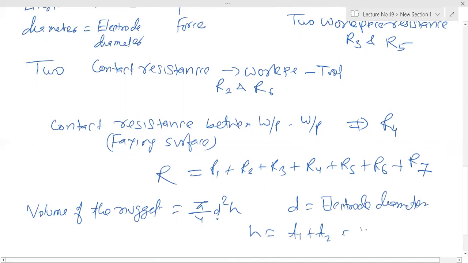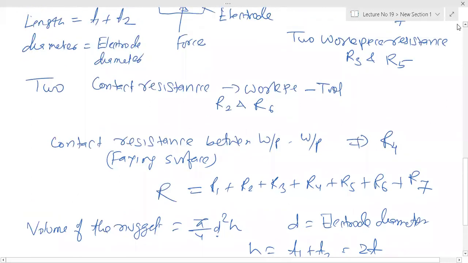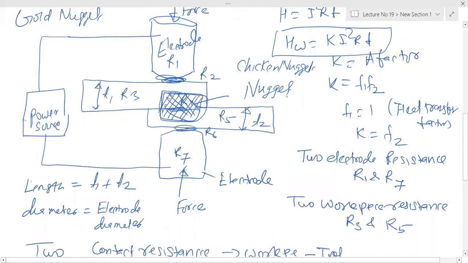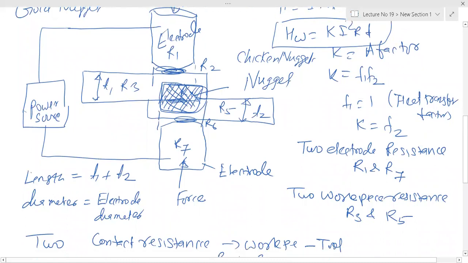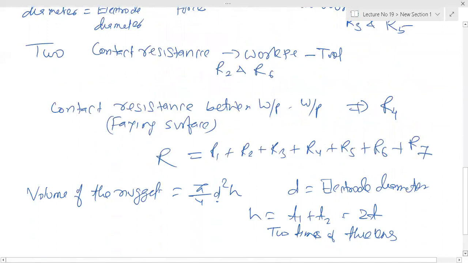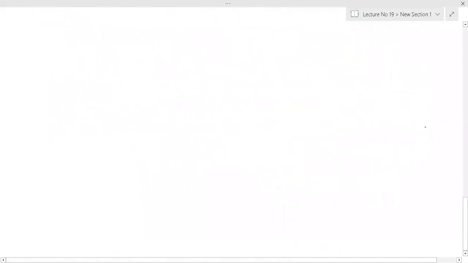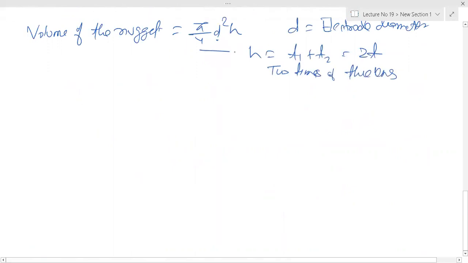If it is the same thickness material, then it is equal to 2 times the thickness of the workpiece. It is evident that this is equal to the diameter only. So not chicken nugget, that is the weld nugget volume. You can calculate the nugget volume.